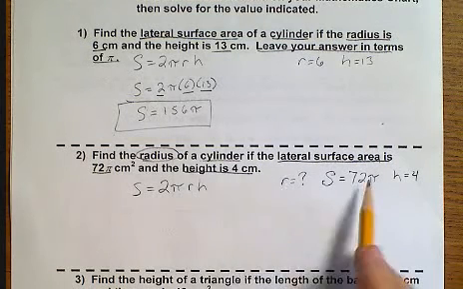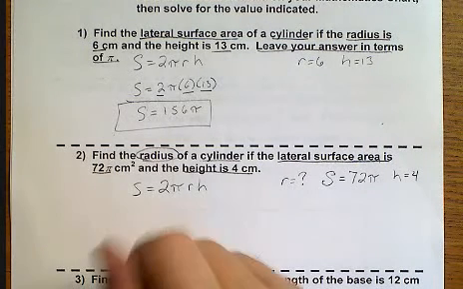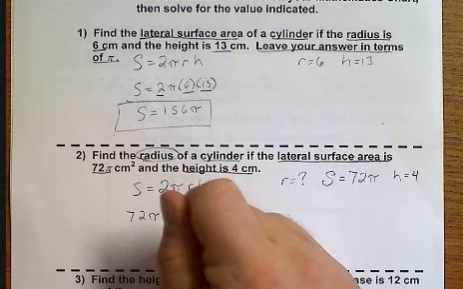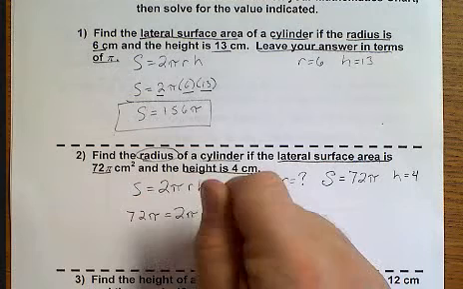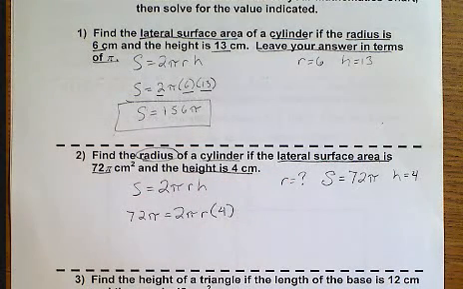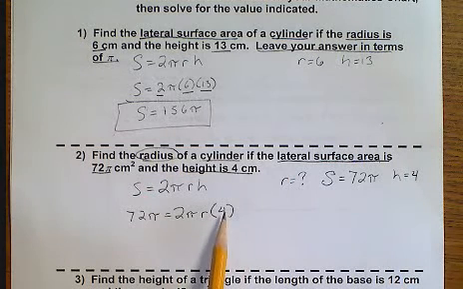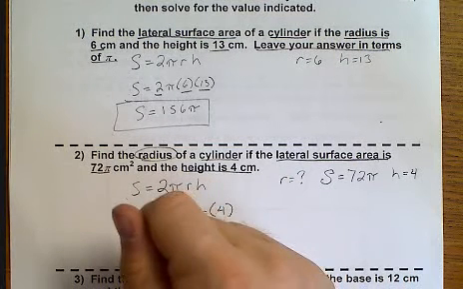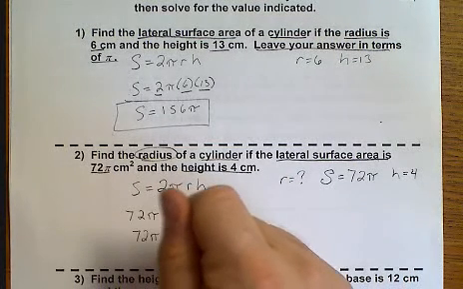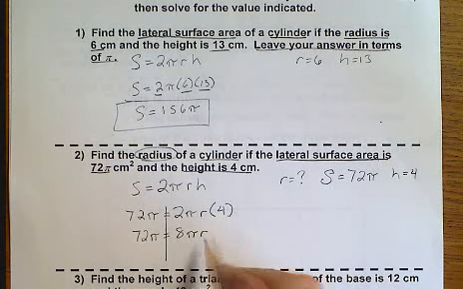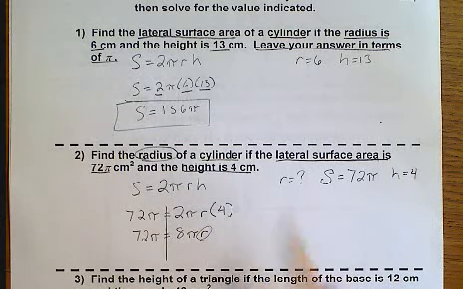Now we simply plug things in. So we have 72 pi equals 2 pi R times 4. Now, again, because this is all multiplication, I can just go ahead and multiply my two constant numbers. 2 times 4 gives me 8. So, I have that 72 pi equals 8 pi R. Now, this R is what I'm trying to get alone.